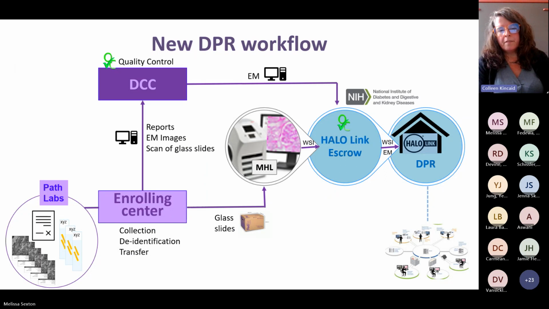Going from sort of the bottom left there with the pathology departments having the materials to you all. So for the collection, the de-identification, and then the electronic transfer there going up, the reports and the EMs. And a new thing that's part of the QC process, it's a scan of the glass slides.